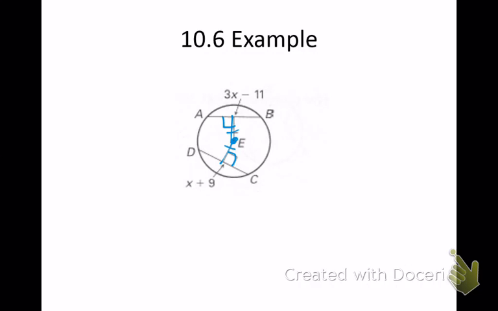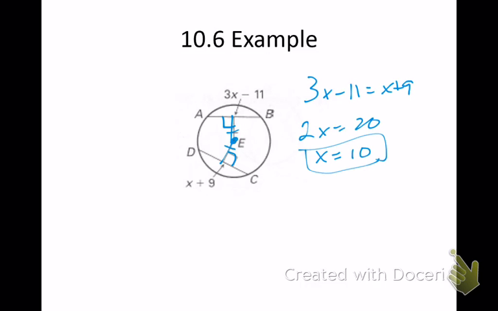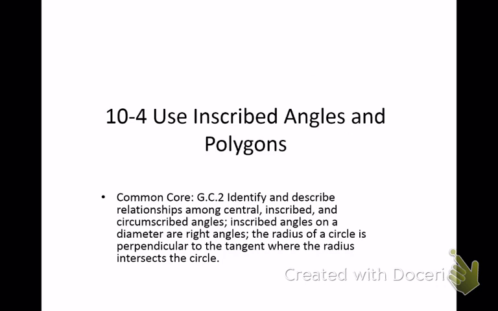And then we'll know that the chords are the same length. So we can come in here and go 3x minus 11 and set that equal to x plus 9. We get 2x equals 20, x equals 10. Got to know those theorems and how to use them.